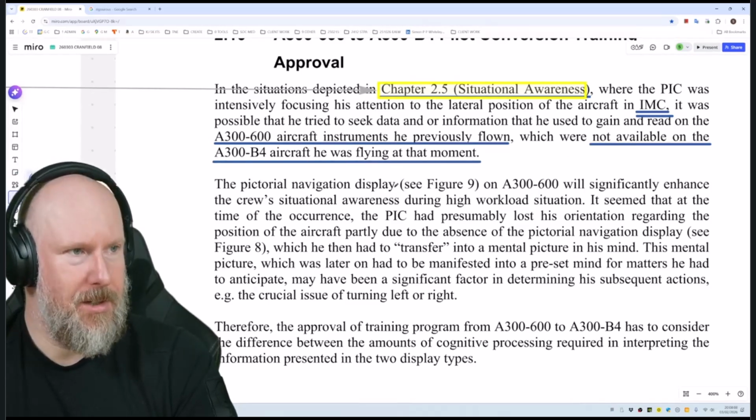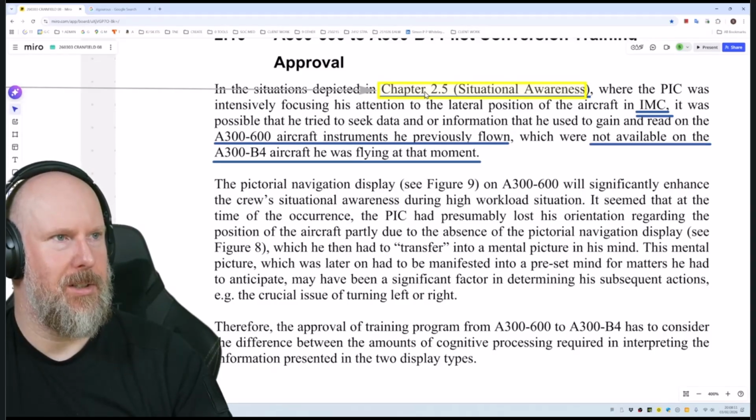The pictorial navigation display, see figure 9. Okay, let's have a look, figure 9.